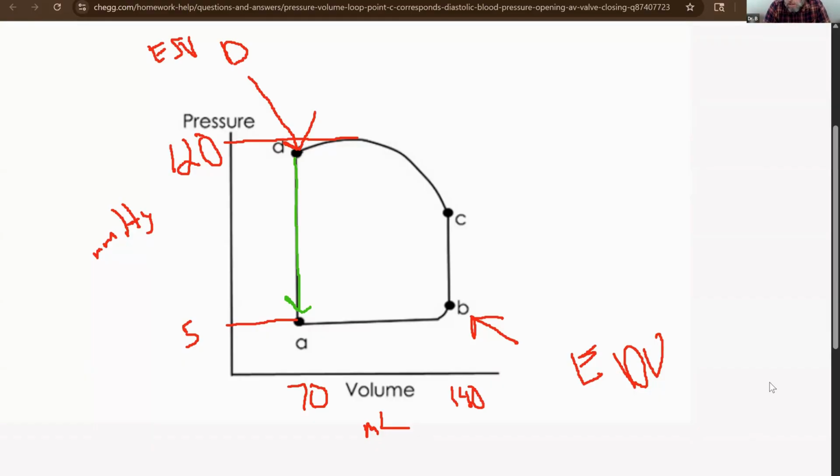Now, pray tell, any GTA who wants to chime in here, why is it important that the left ventricle get so low? Because Caleb, when you go to the doctor, and we measure blood pressure right here, it's not 120/5. What is it, Caleb? You get like 120/80.